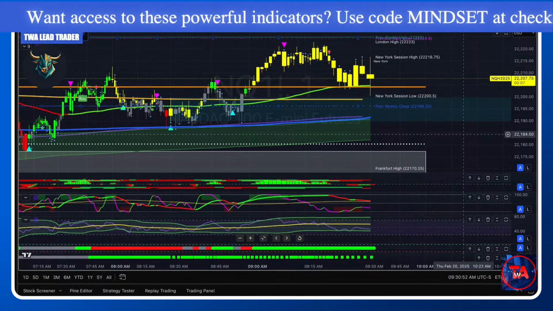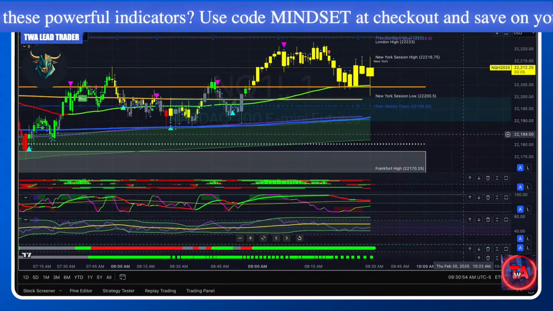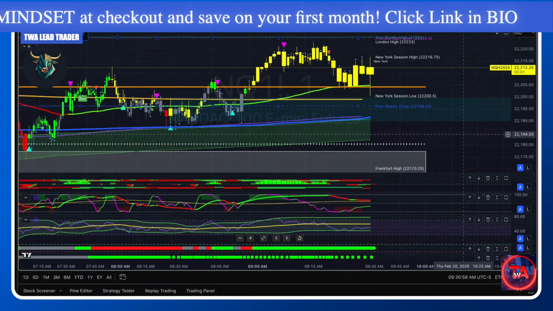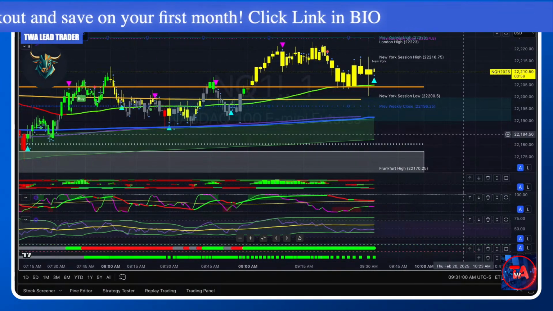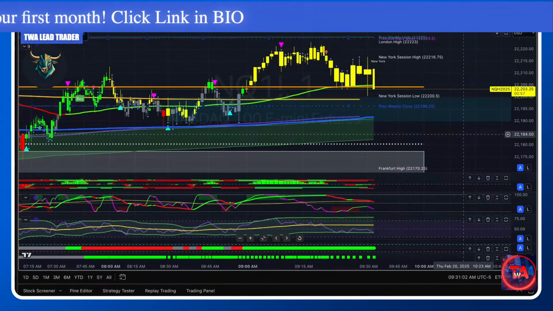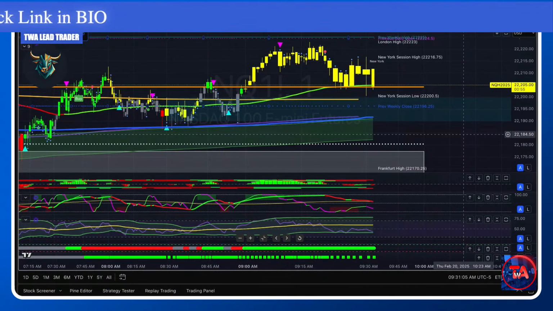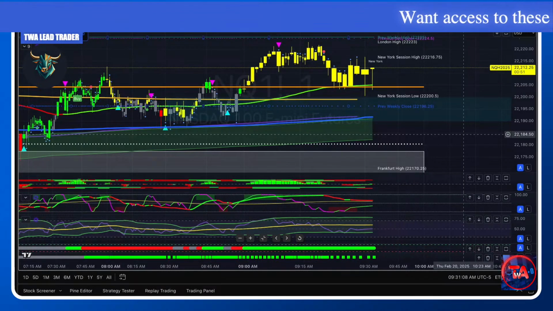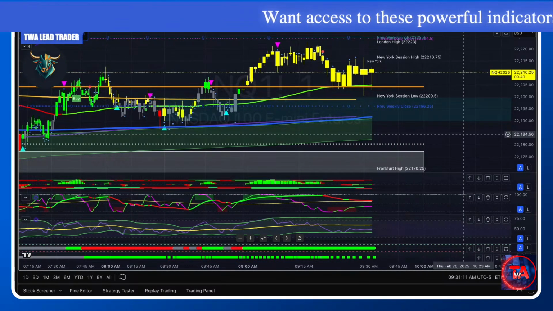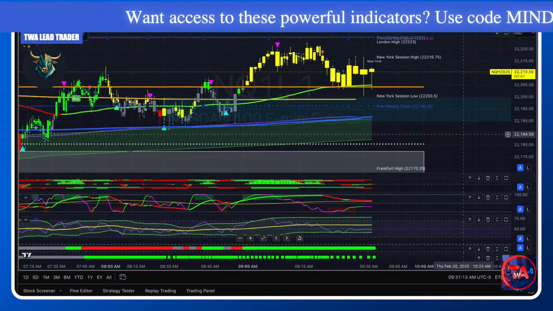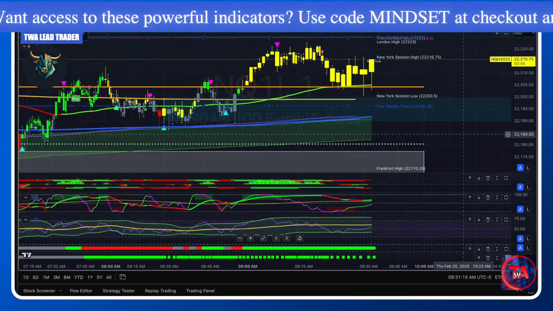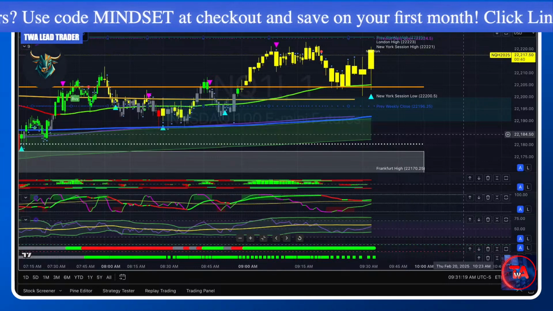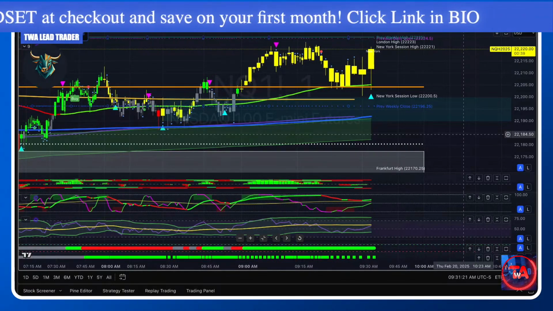Let's see. Is this 205 gonna hold or not? Okay, good morning. We are officially open. Let's see how price wants to treat us today.